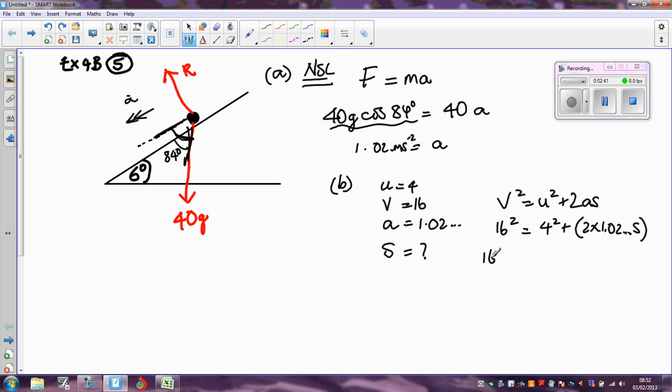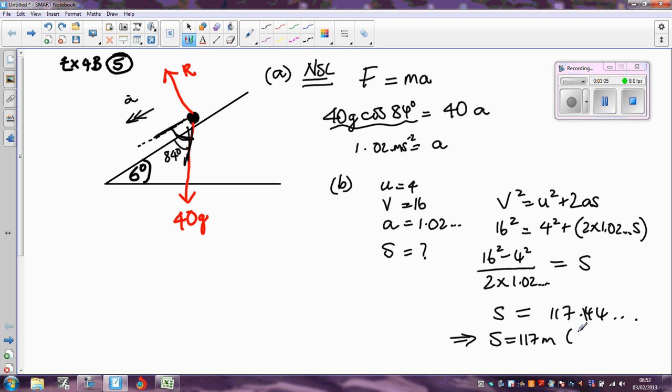In other words, all we need to do is 16 squared minus 4 squared divided by 2 times 1.02, and that will give us s. If we work that out on a calculator, it comes out as 117.44, or there, sorry, 144. In other words, we can then say that s is 117 meters to 3 significant figures, which is correct.